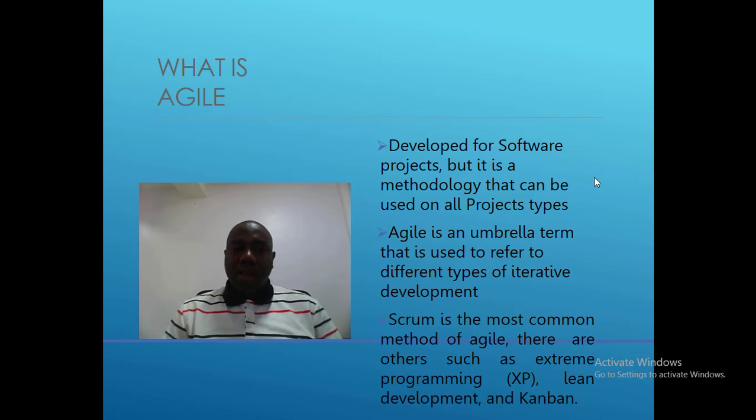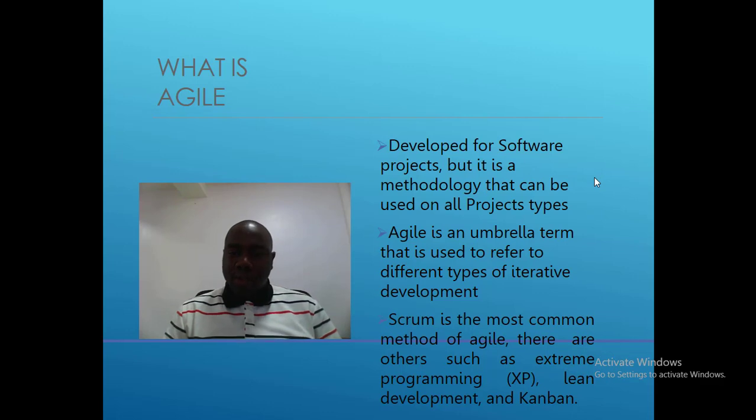Basically, when the requirements are not clear right from the beginning, Agile is a methodology that can be used to manage projects that will have some level of uncertainty, some level of volatility at the beginning.